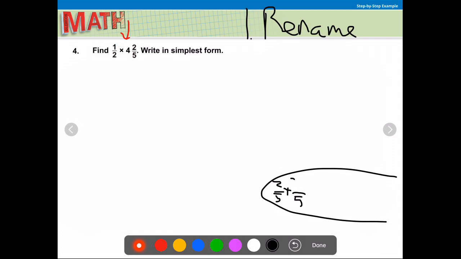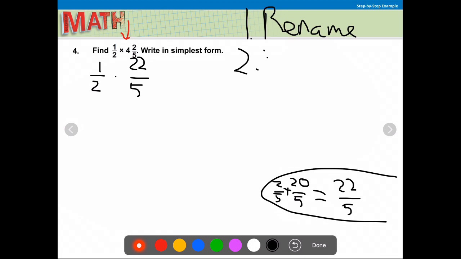And 4 times 5 is 20, so 4 is 20/5, and that means my improper fraction is 22/5. So I'm going to rewrite my problem here. 1/2 times 22/5.